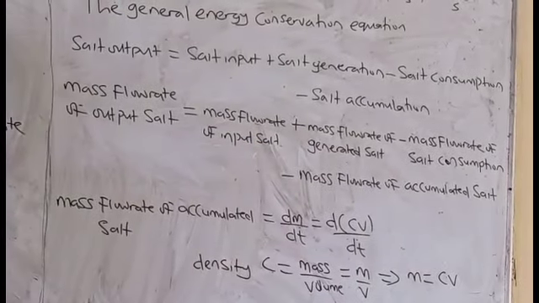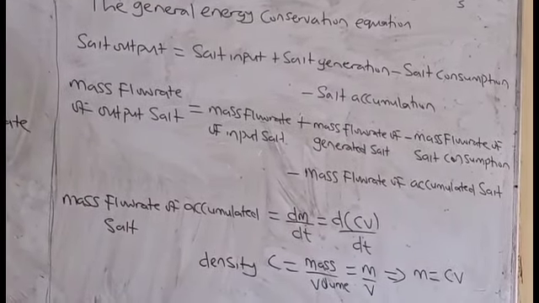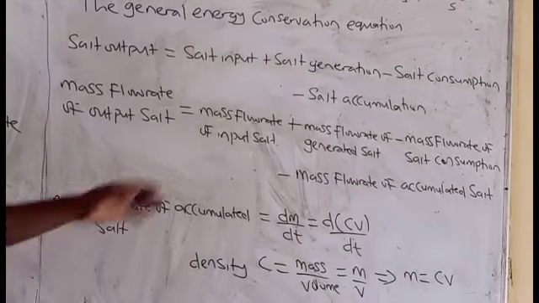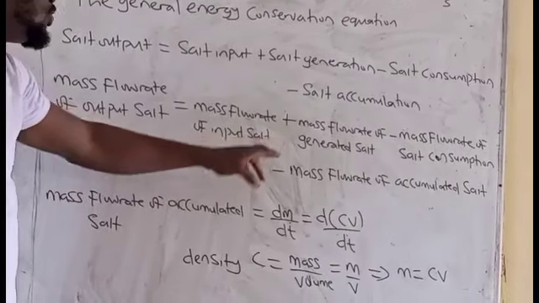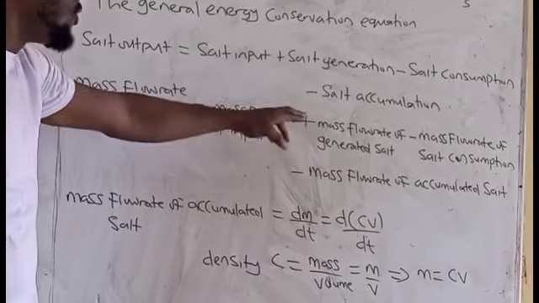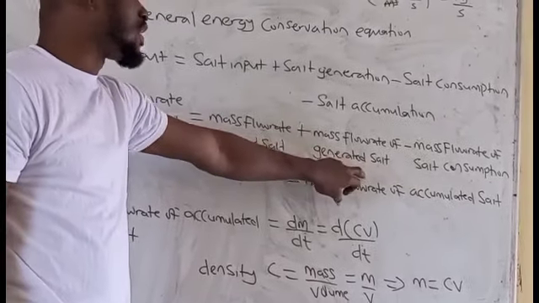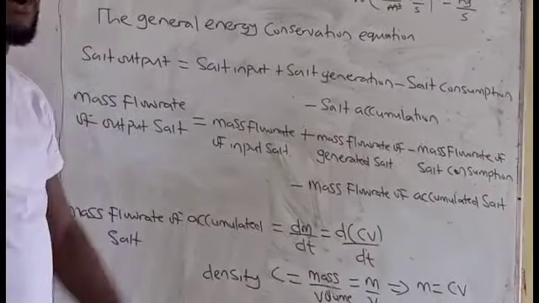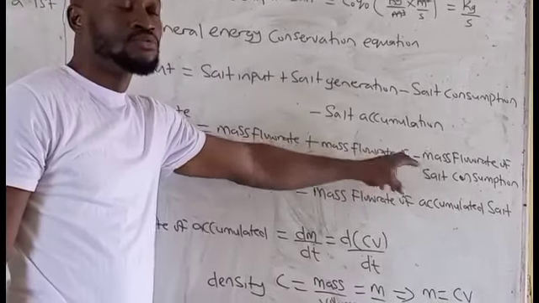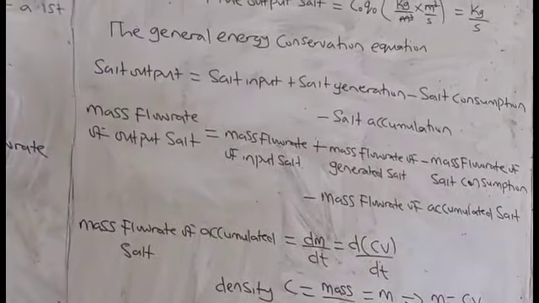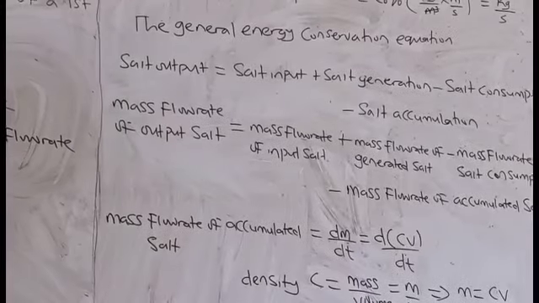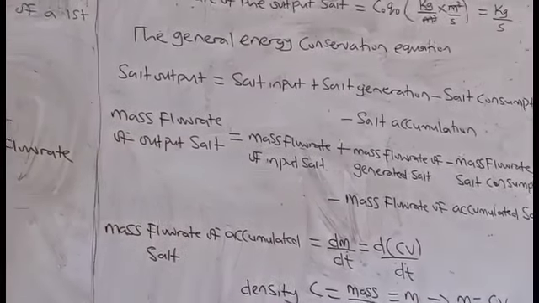So since there is no chemical reaction, the mass flow rate of generated salt and the mass flow rate of salt consumption become what? Zero. So now we are going to use it to calculate.